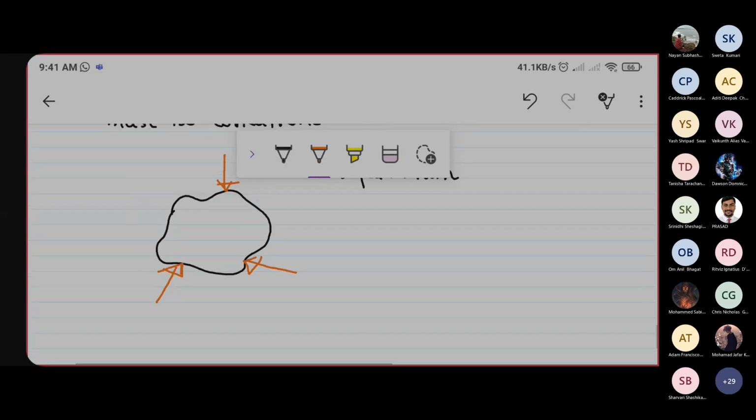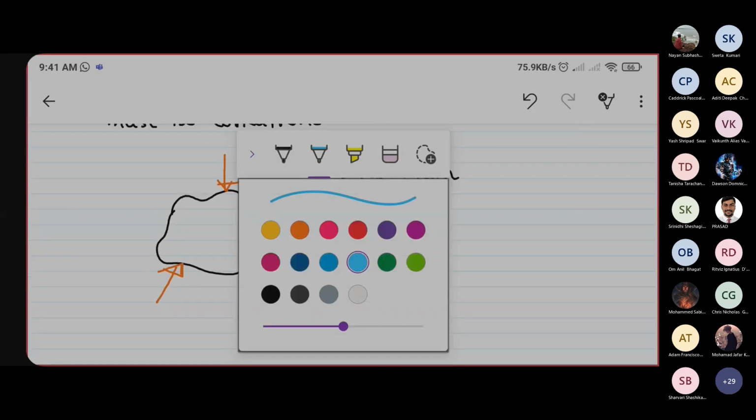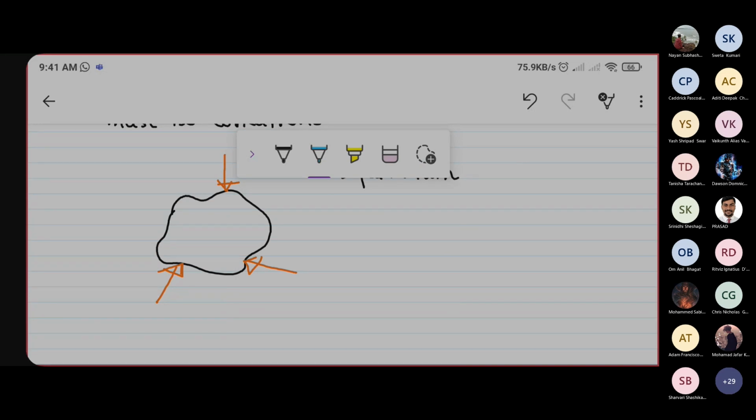So this is the diagram given. Three arbitrary forces are acting on the body. Let me say this is F3, F1, and F2. Let's use the parallelogram theorem. Then we'll get the resultant of forces F1 and F2.